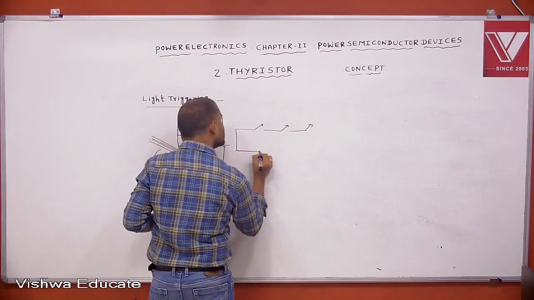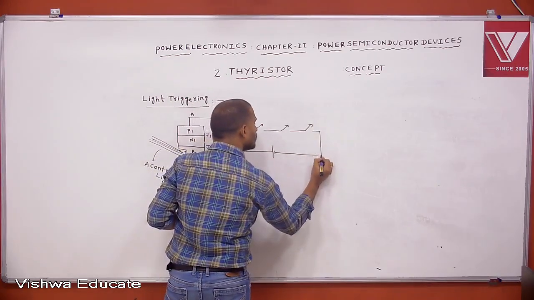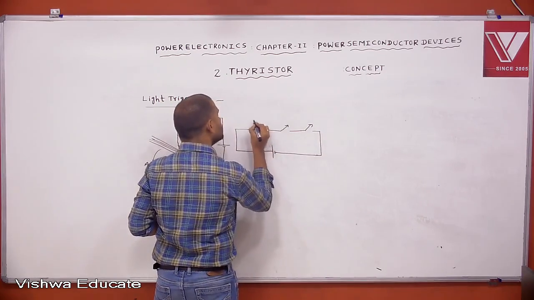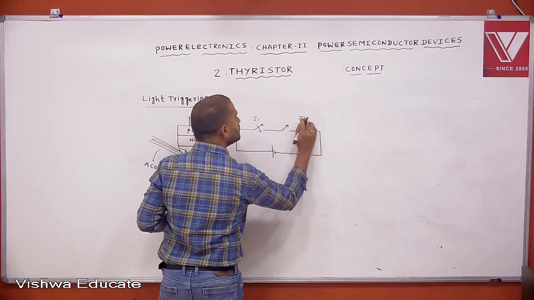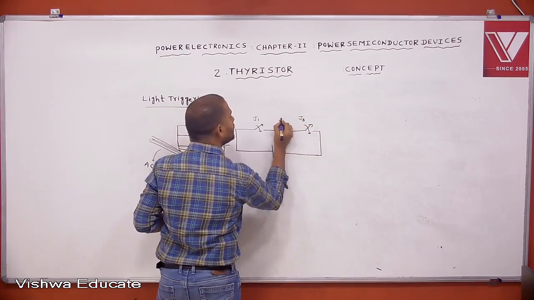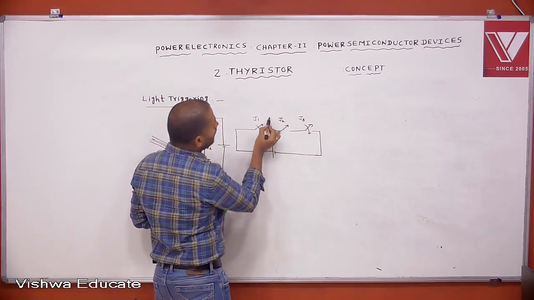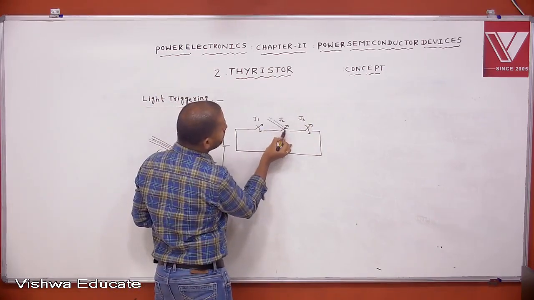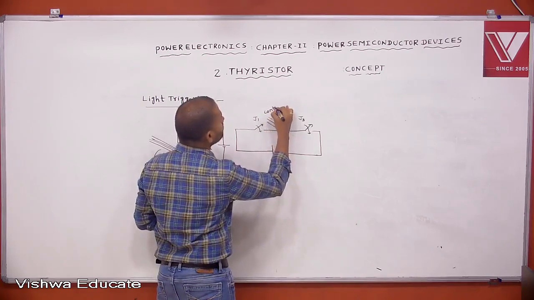Let the SCR already be under forward blocking mode. This is J1 and this is J3, and J2 is open. For this J2, a control light is allowed to fall at the J2 junction.